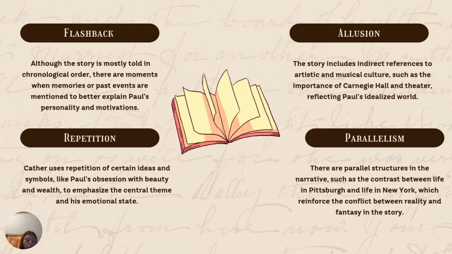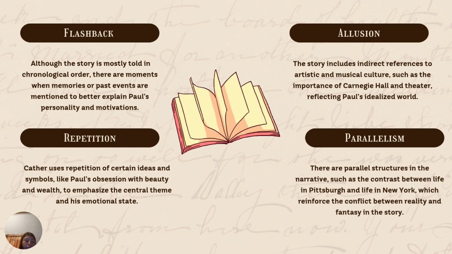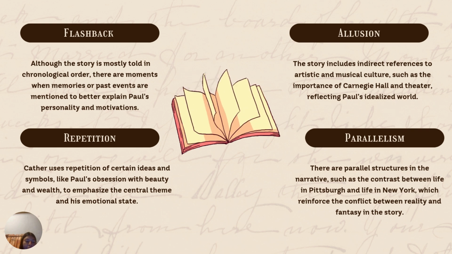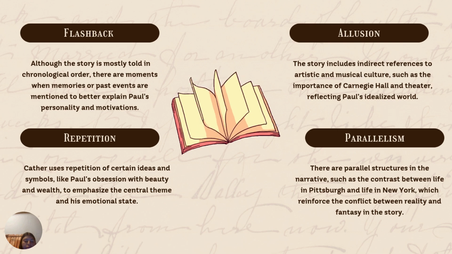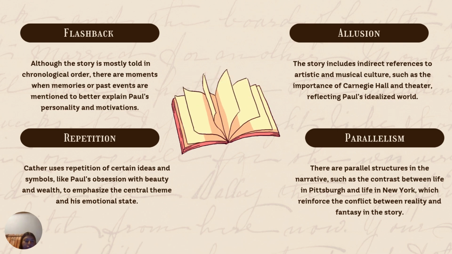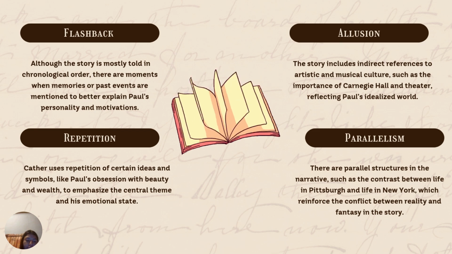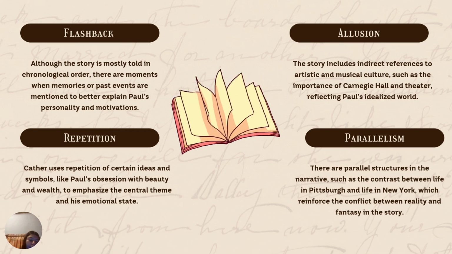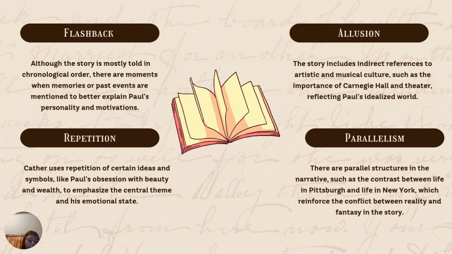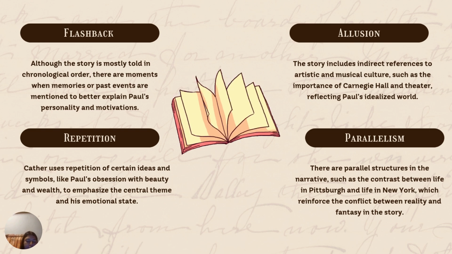Although the story is mostly told in chronological order, there are moments when memories of past events are mentioned to better explain Paul's personality and motivations. Allusion. The story includes indirect references to artistic and musical culture, such as the importance of Carnegie Hall and theater, reflections about an idealized world.